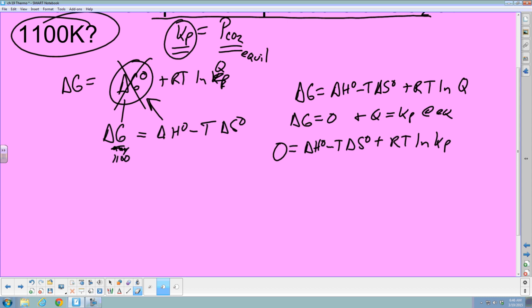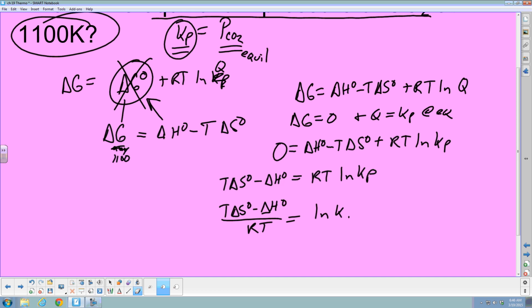So T delta S prime minus delta H prime equals RT natural log of Kp, which means that T delta S prime minus delta H prime divided by RT equals the natural log of Kp, which means my Kp equals e to the T delta S prime minus delta H prime over RT.